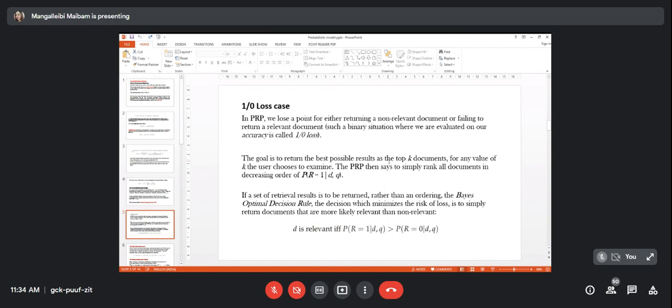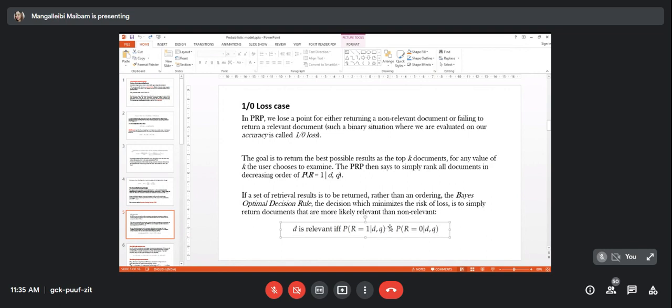So what does the Bayes optimal decision rule do? It reduces the risk of loss, in the sense that it returns more relevant documents rather than non-relevant documents. Here you can see that D is relevant if and only if the probability of R equal to 1 is greater than the probability of R equal to 0.